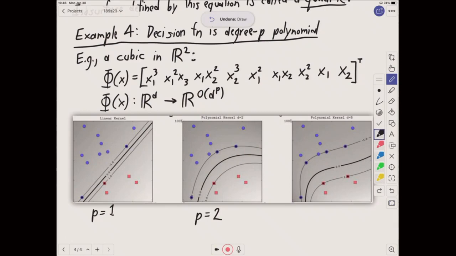And then the last example on the far right, this is actually at degree 5 polynomials, which is pretty fancy. So you won't see that used very often in practice, but you can if you want to. And here's the decision boundary. And you'll notice it's even more sinuous than in the quadratic case. And here's the margin.